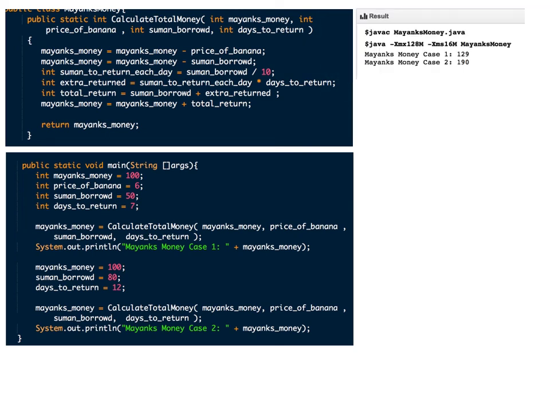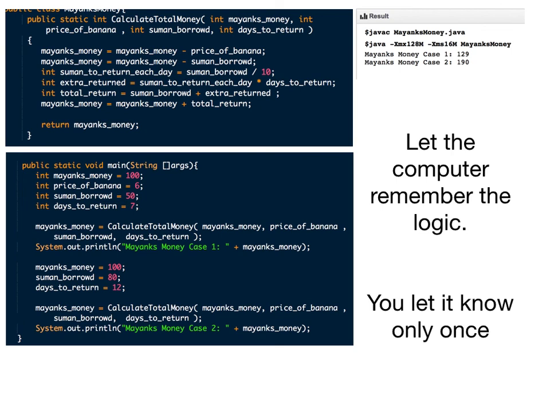When we execute it, we see in the first case 129 as expected, and in the second case 190 as expected. So you see, once we codify, once we let the computer know the logic, you just don't need to remember, and you can trust the computer to do it the same way again and again.